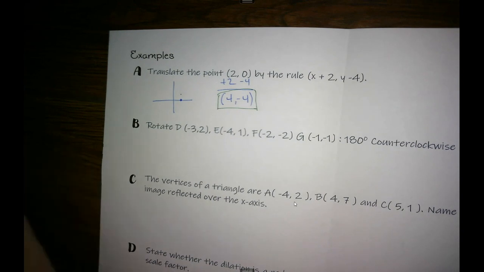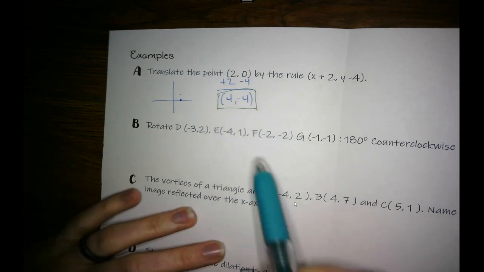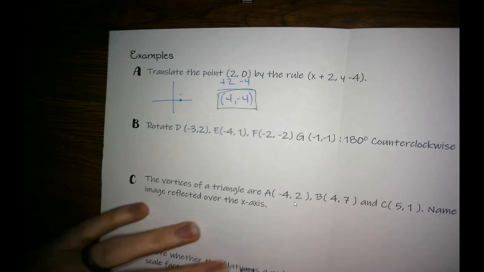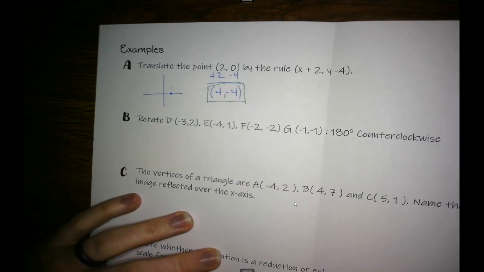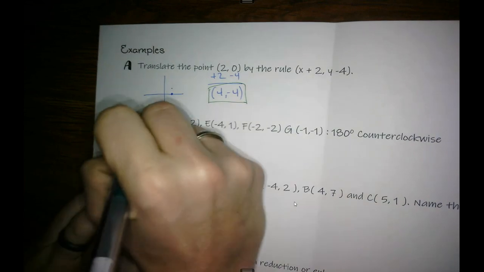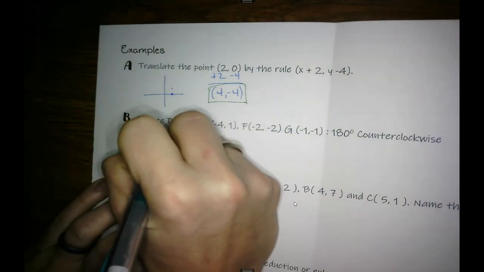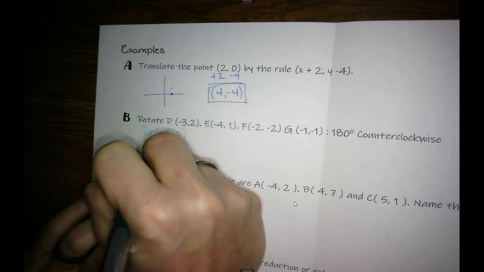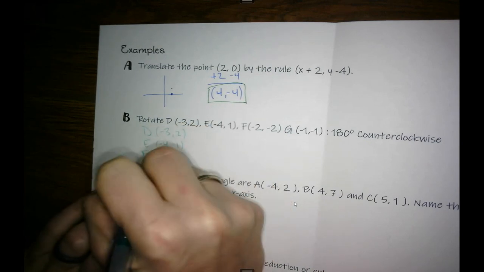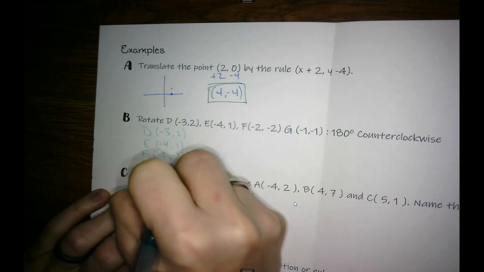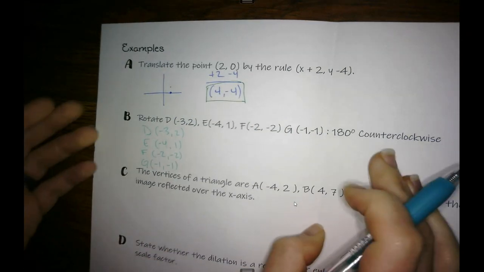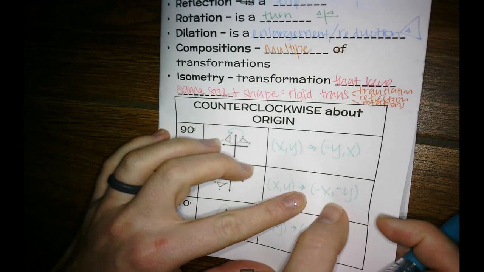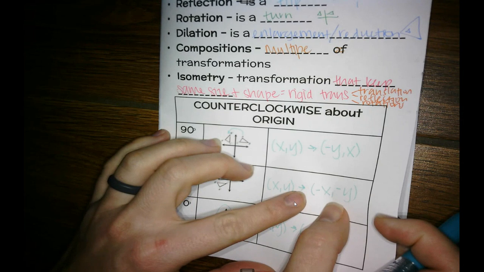All right, rotate DEFG 180 counterclockwise. So this one wants all of the points: D (-3, 2), E (-4, 1), F (-2, -2), G (-1, -1). We're going to take the opposite sign of the x and opposite sign of the y.